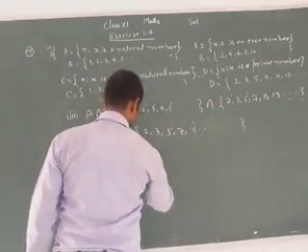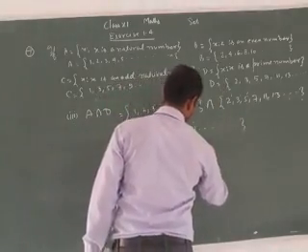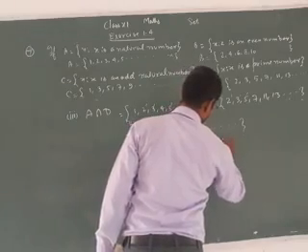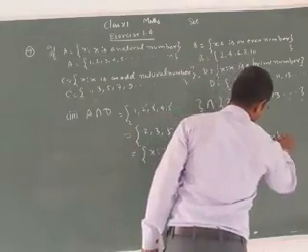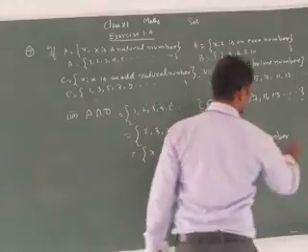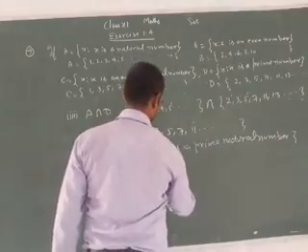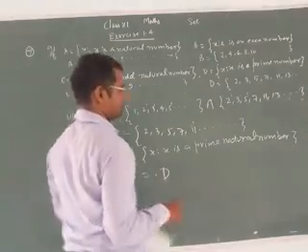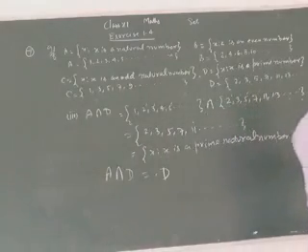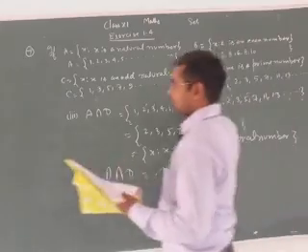This is x such that x is a prime natural number. So A intersection D is equal to the set D, and the remaining part you can also solve in this way. And question number 8.